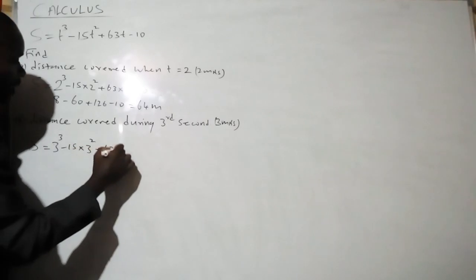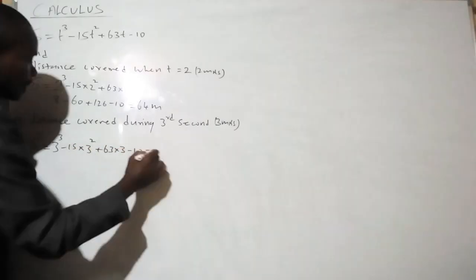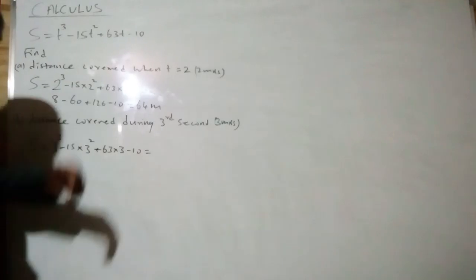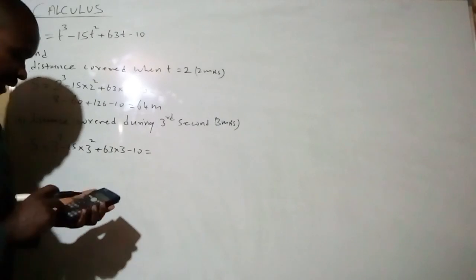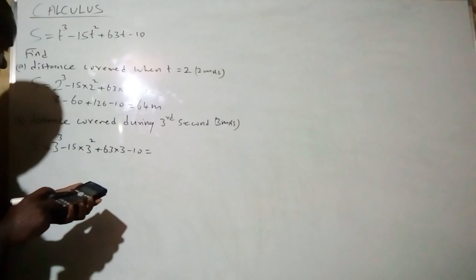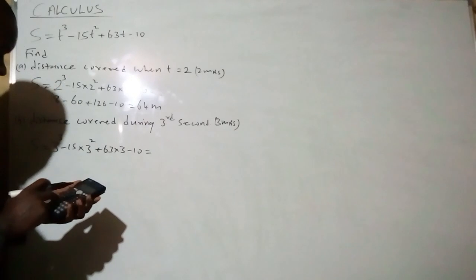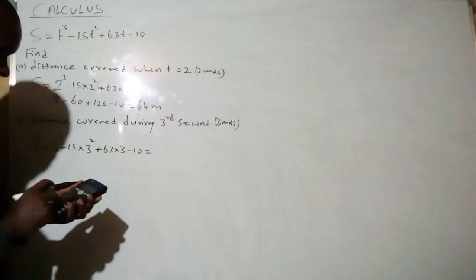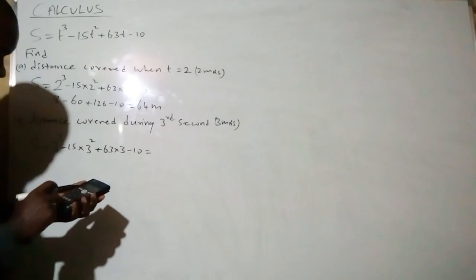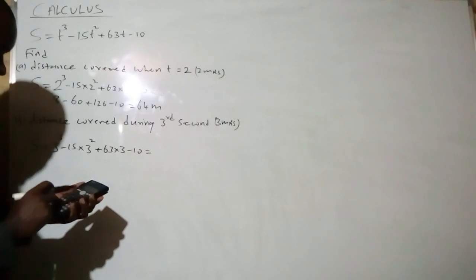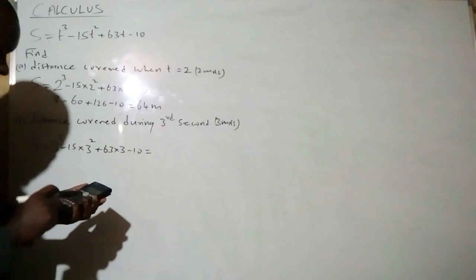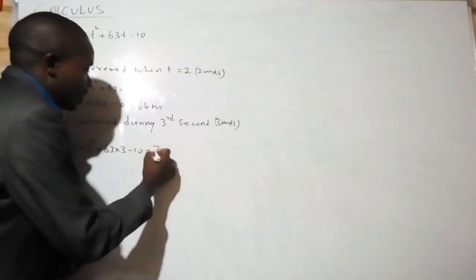You can just use the calculator directly. 3 cubed is 27, minus 15 times 9, plus 63 times 3, minus 10, to get 71 meters. This is the distance at the third second.